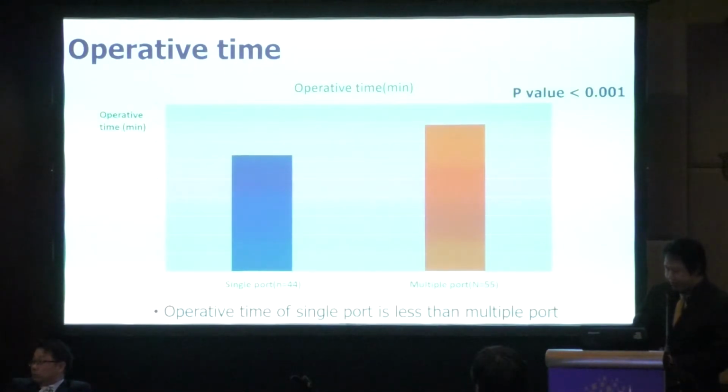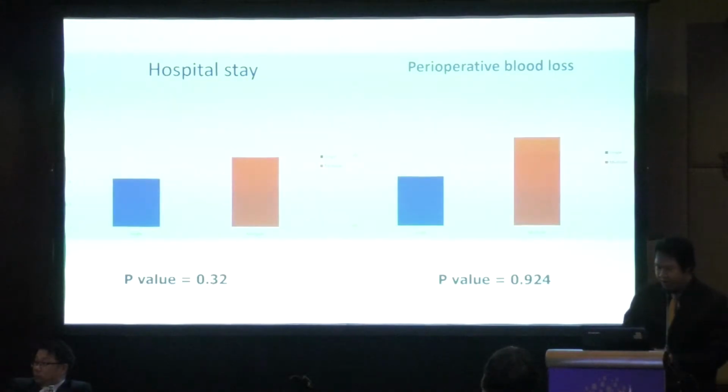This graph shows that operative time in the single port group is significantly less than in the multiple port group. The single port group used 125 minutes, and the multiple port group used 157 minutes, a significant difference.